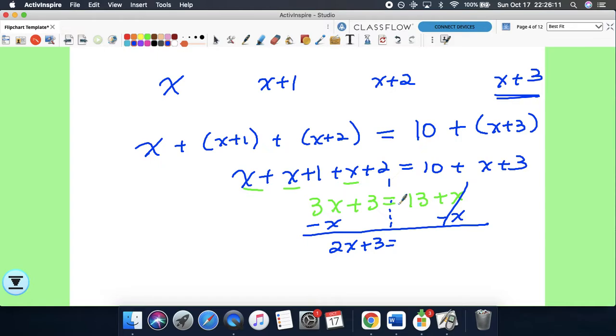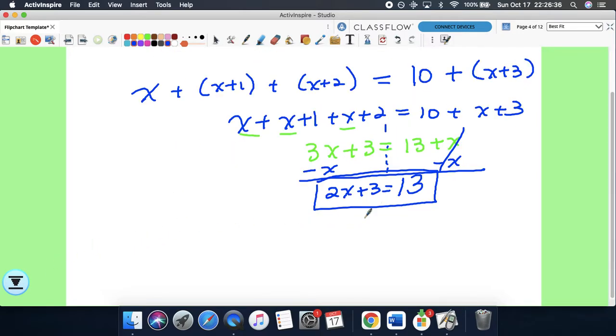We crossed animals from both sides. As long as we threw some elephant out the left window, we could throw an elephant in the right window. That's what I'm doing here. I am throwing an x out the window from both sides. And by doing that, notice that these two x's go away, and all I have left is 13. Now this becomes a very simple two-step equation that you already know how to solve.